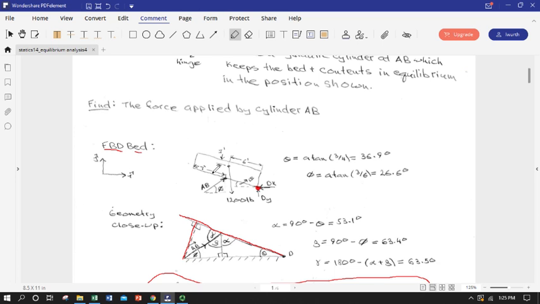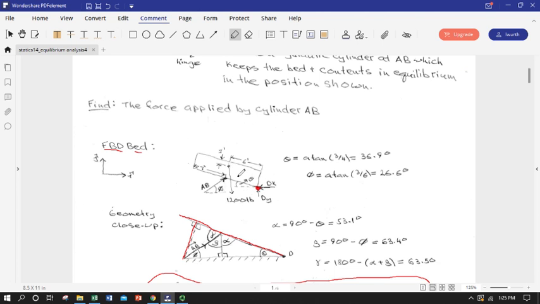So we have two forces that can basically apply a moment around point D, and I've chosen point D to be the point around which I will sum moments, because then D sub X and D sub Y kind of disappear. I don't have to consider them. I already know the 1,200 pounds.